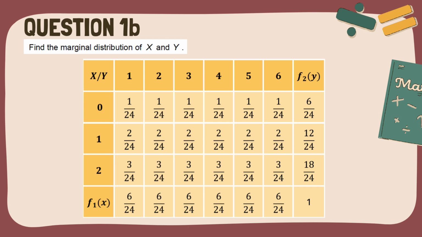Besides, the joint probability function must satisfy the condition that the total sum must equal 1. And we will get the answers.